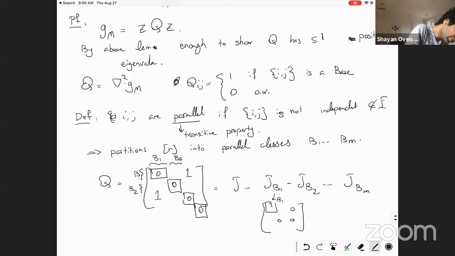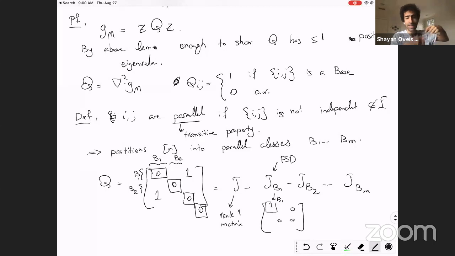The thing is, J is a rank 1 matrix, and these J of Bi's are PSD. So you have a rank 1 matrix, and you're deducting PSD matrices from it.